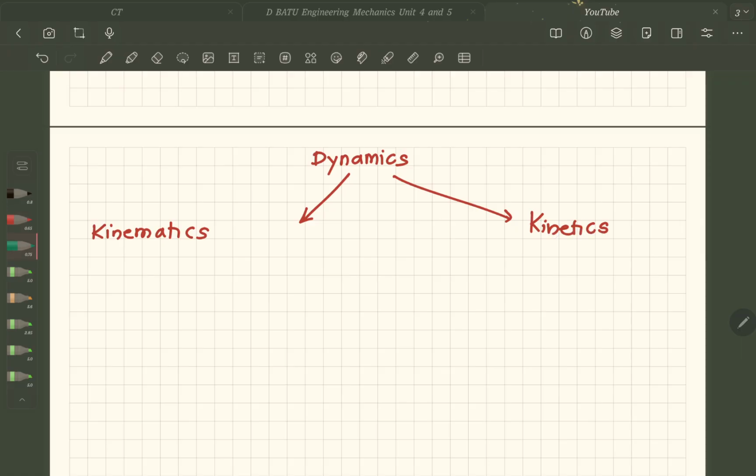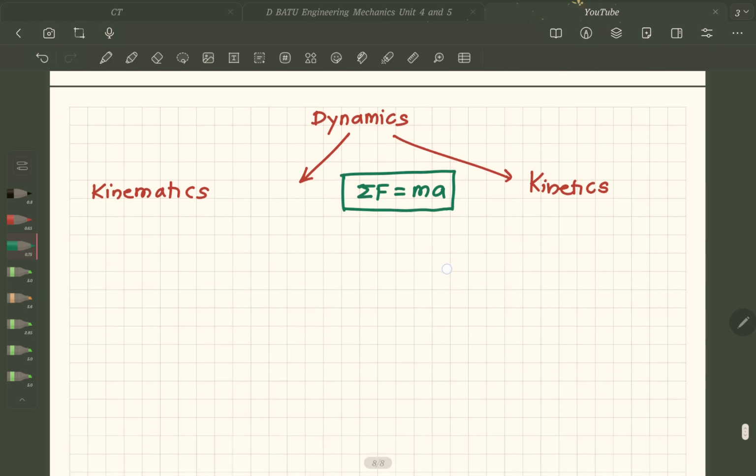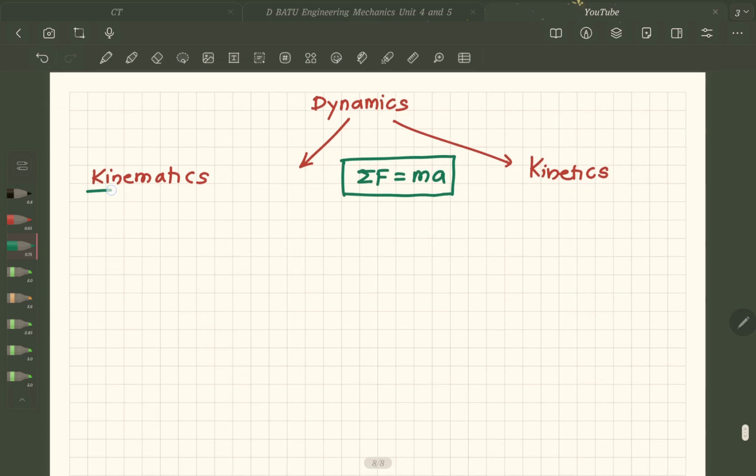And these two branches of dynamics are governed by a fundamental equation, Newton's second law, which is summation of F equals ma. So based on this equation, these two branches are defined. First we'll try to understand what kinematics is, and then what kinetics is.